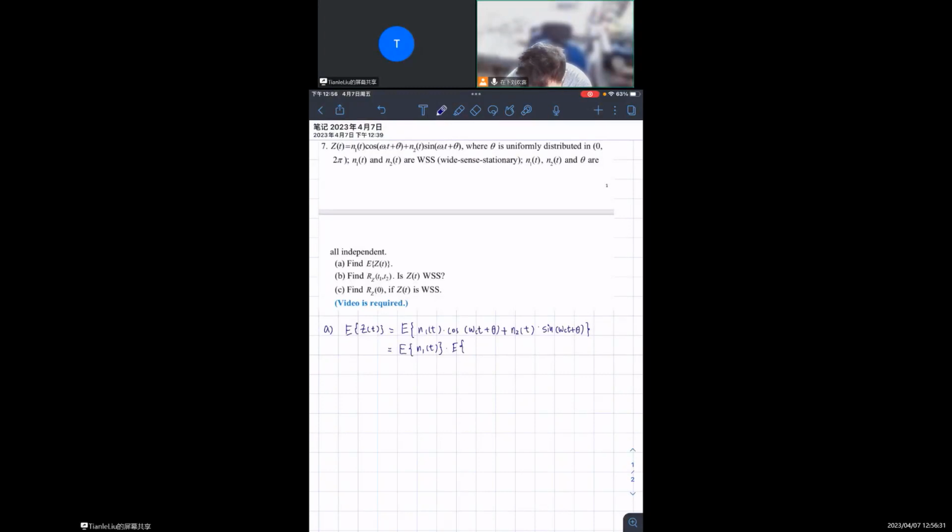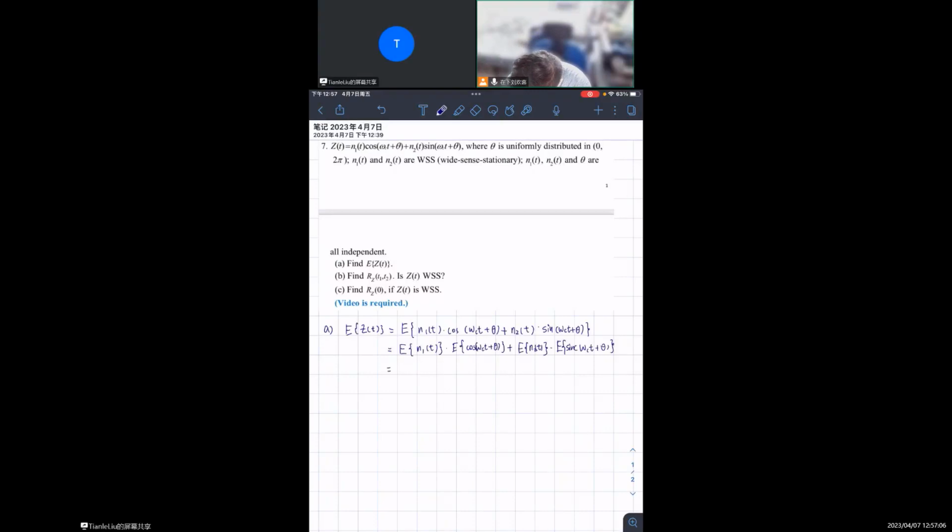It will be like this form. So the next step is to translate them into a form we can calculate.